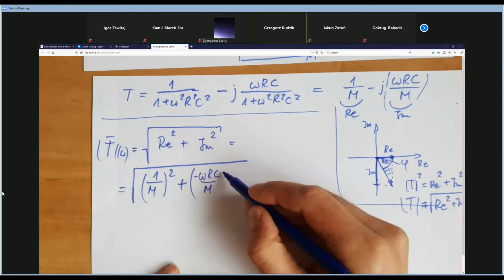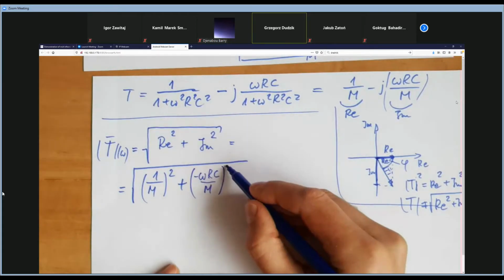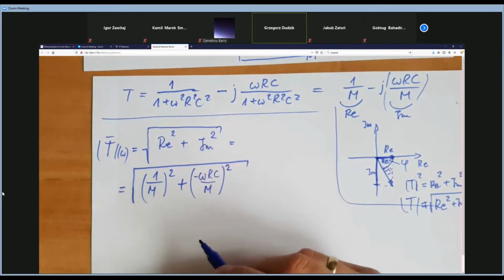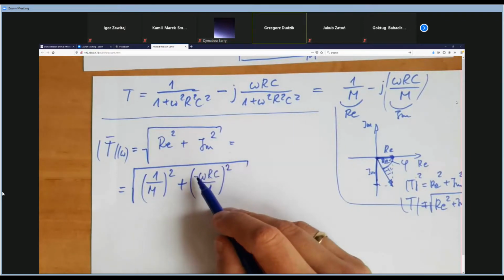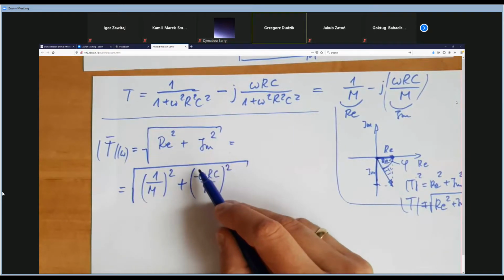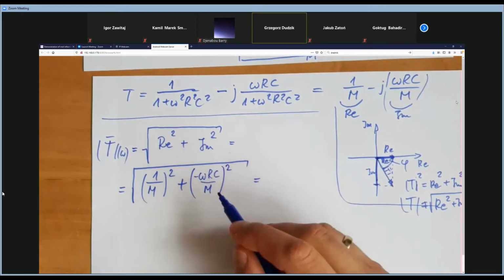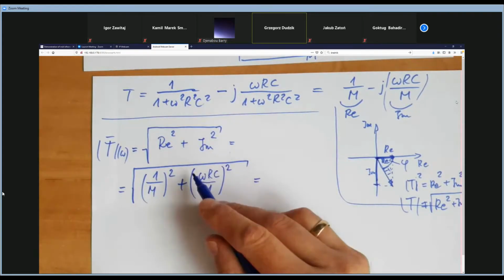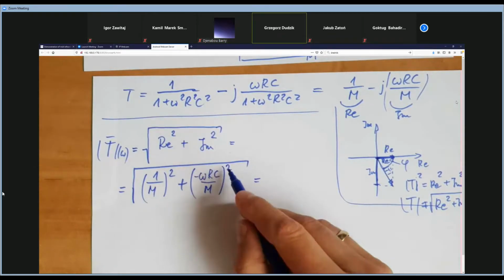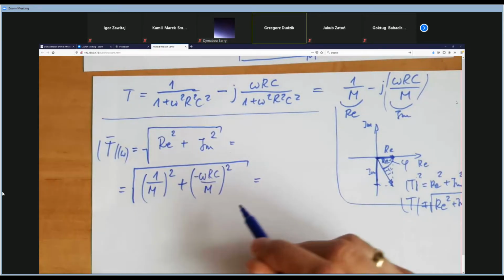However, anytime we have to raise it to the power of 2, so it doesn't matter if we have the minus or plus here, because we'll always have a positive result when squaring the expression.